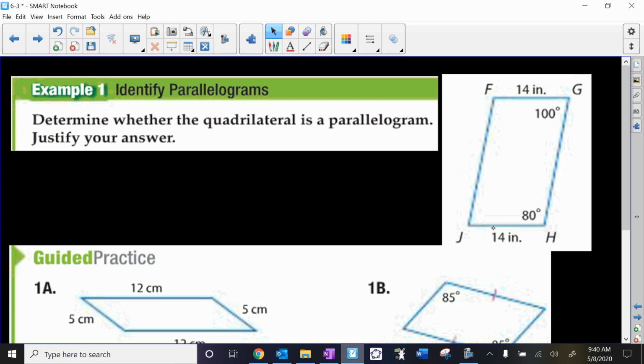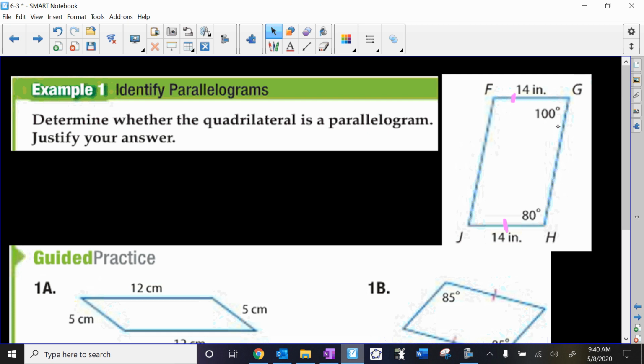So in this case, JH is 14 and FG is 14. We know one pair of opposite sides is congruent. I wouldn't be able to use the property that states both pairs of opposite sides are congruent because it doesn't tell me anything about FJ and GJ or GH.